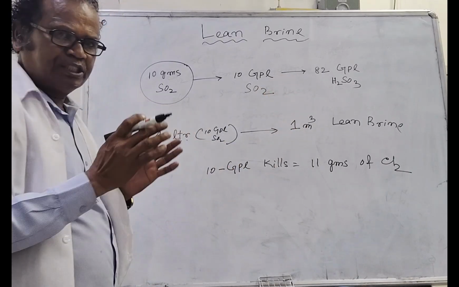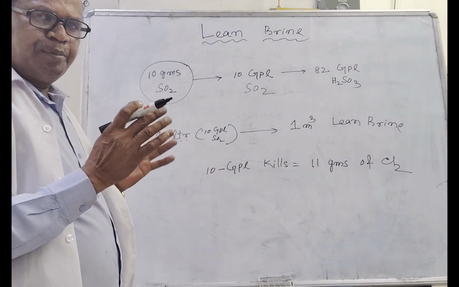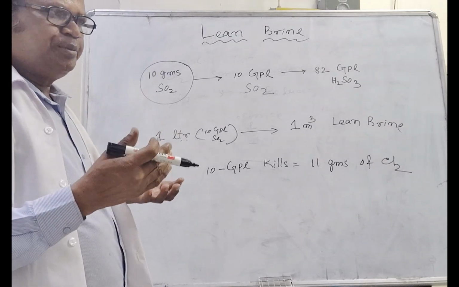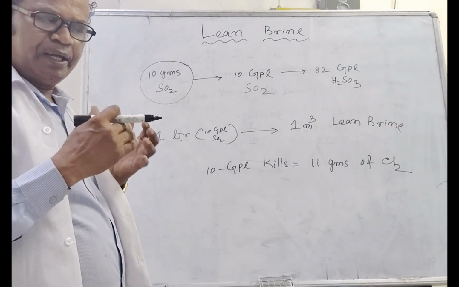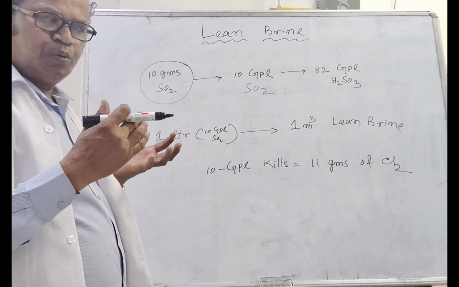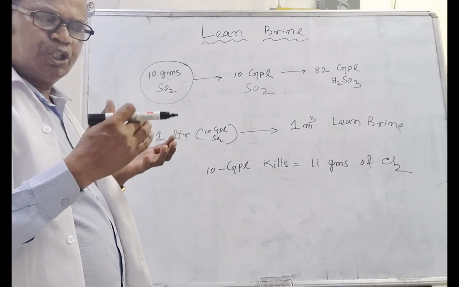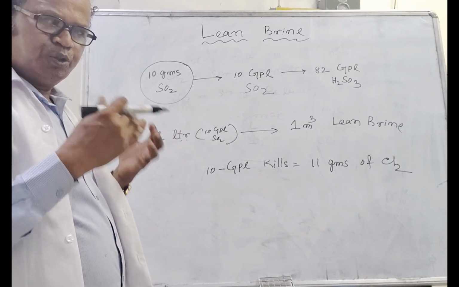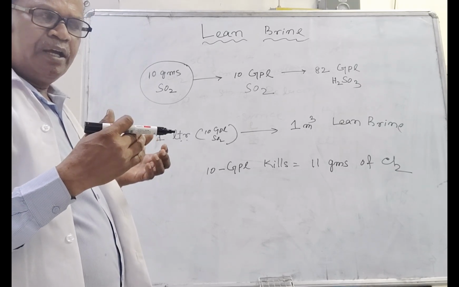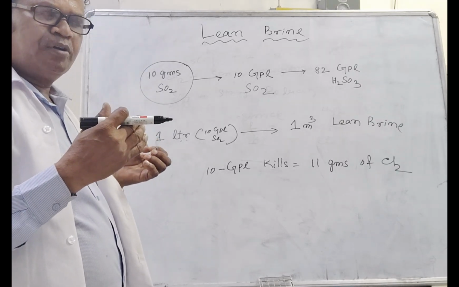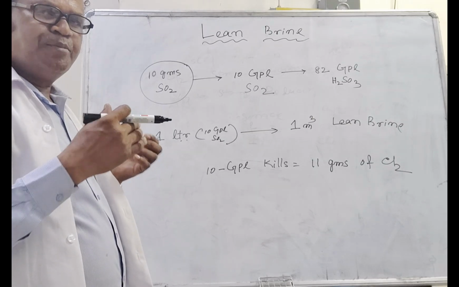It is a new suggestion for chloralkali plants that in place of SBS or sodium sulfite powder, we can prepare a 10 gpl SO2 solution and use it in Lean Brine, which is having 10.65 or around 11 mgpl.